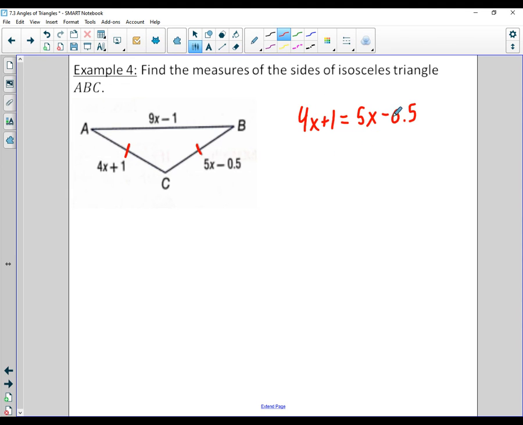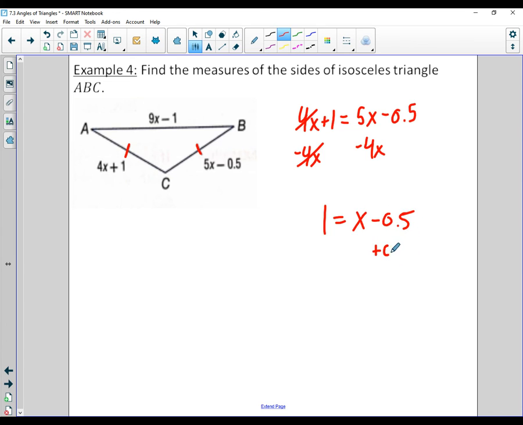So now we just need to solve for x, get all the x's on one side and all the constants on another side. I'm going to subtract 4x from both sides. That way I keep my x positive on this side. 4x minus 4x cancels, and I'm left with 1. 5x minus 4x is, well, I have $5 and I spend $4, I have $1 left, so 1x or just x, and then minus 0.5.